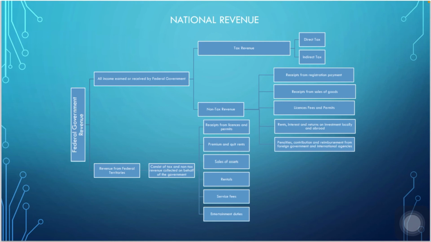So untuk slide ni dia menunjukkan pecahan-pecahan tax. So tax ni bukan sahaja income tax, dia ada tax daripada syarikat, tax daripada urusan jual beli, contoh macam sales of assets, rental, services fees, entertainment duties and so on and so forth. So ini komponen yang you just untuk general understanding ataupun general knowledge you.